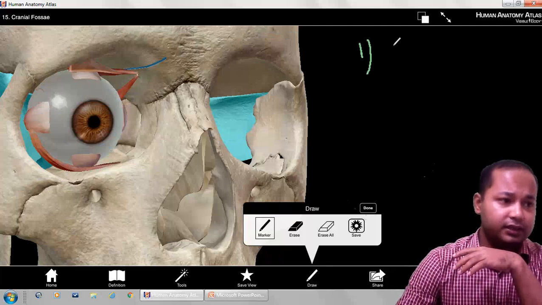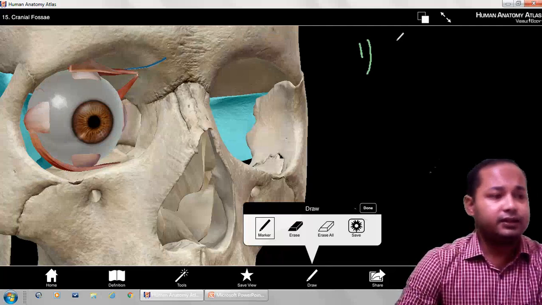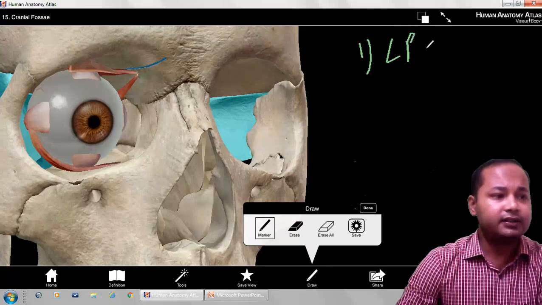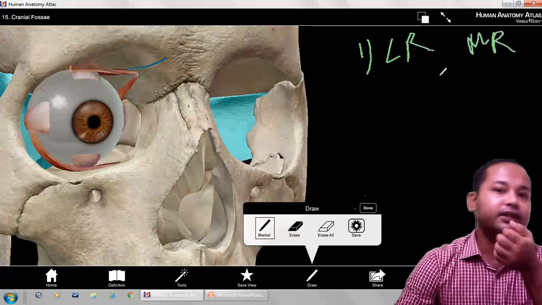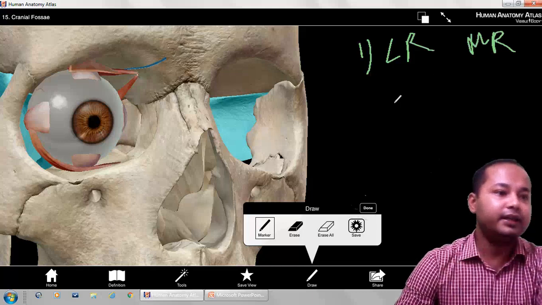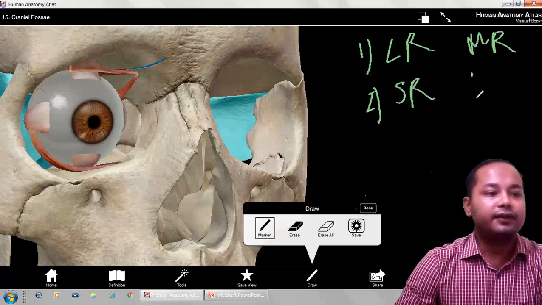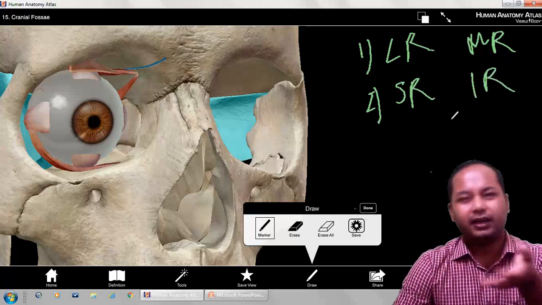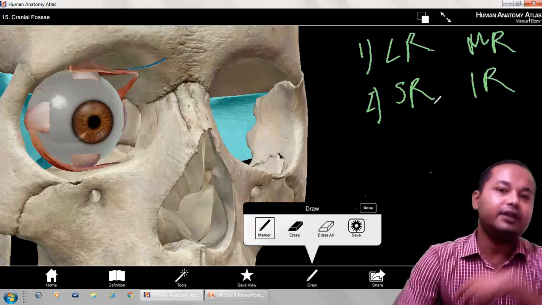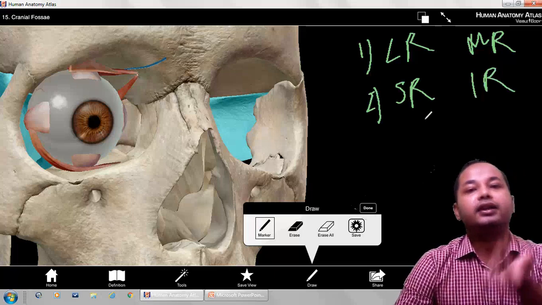The first one is lateral rectus, its counterpart is medial rectus. That means one is pulling the eye laterally, one is pulling the eye medially. Then the superior rectus and the inferior rectus, one pulling it upwards and one pulling it downwards.